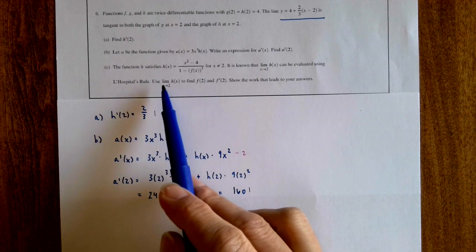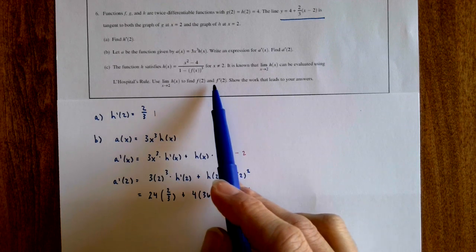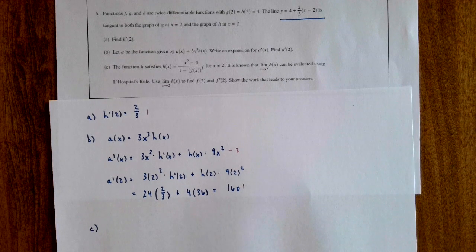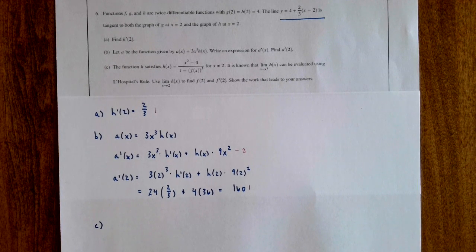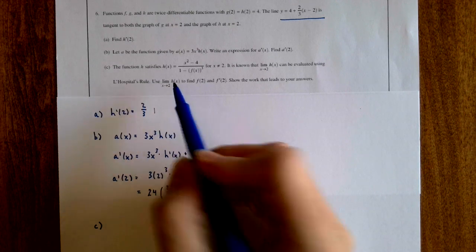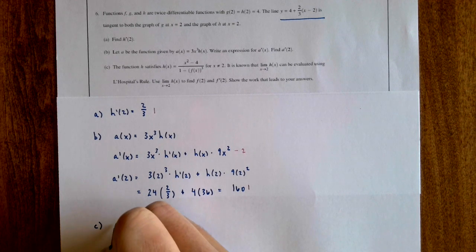It's saying to use the limit as x approaches 2 of h of x to find f of 2 and f prime of 2. So we've got to think about what that might be.